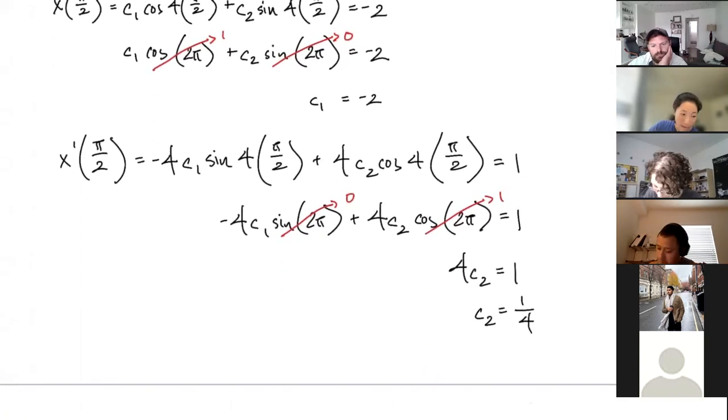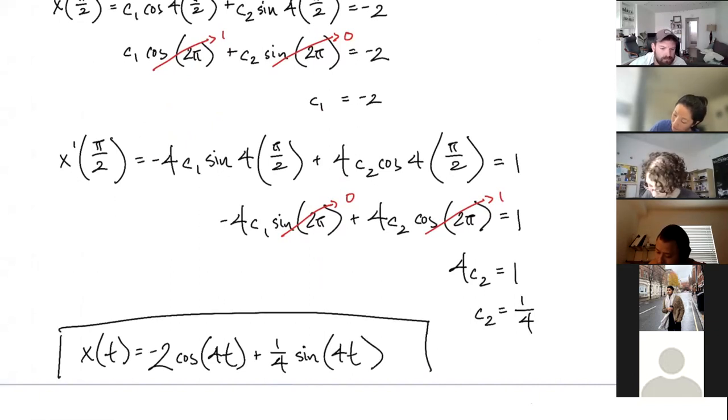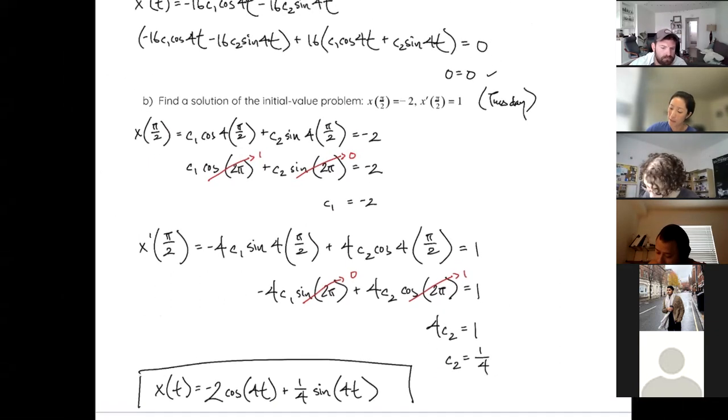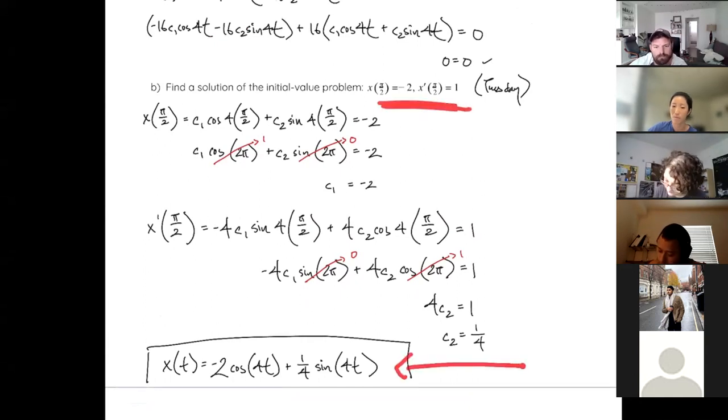We'll write our final solution as x of t equals -2 cosine of 4t plus 1/4 sine of 4t. And so all that means is of the multiple solutions that we have possible for these initial conditions, this will be the solution.